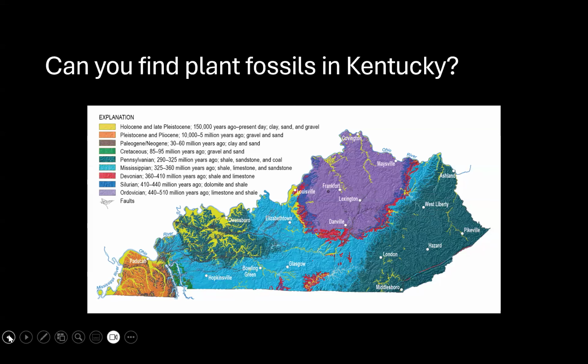So the Cretaceous period occurred about 85 to 95 million years ago, with gravel and sand. This is what we see more if you look on the map around Land Between the Lakes. Around Land Between the Lakes, we have some of that Cretaceous rock sediment that we may find.